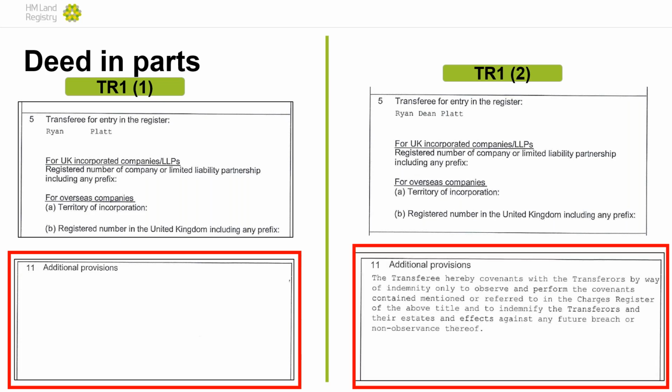When, as in this example, a deed is executed in separate parts, each part must be identical so that we know the parties agreed to the same terms, and where appropriate, we can make the necessary entries to reflect those terms. If the parts are different, we don't know which part was intended to be the correct one.